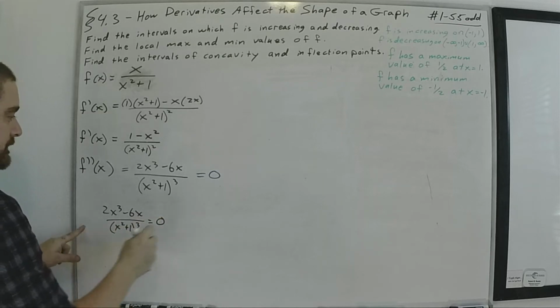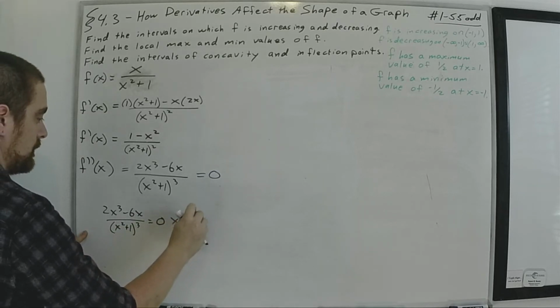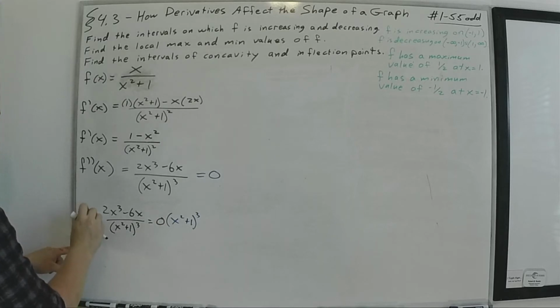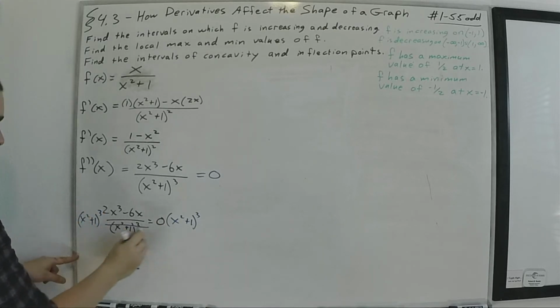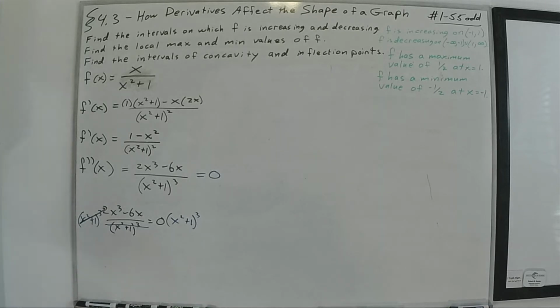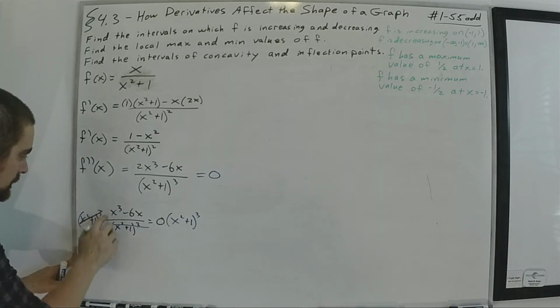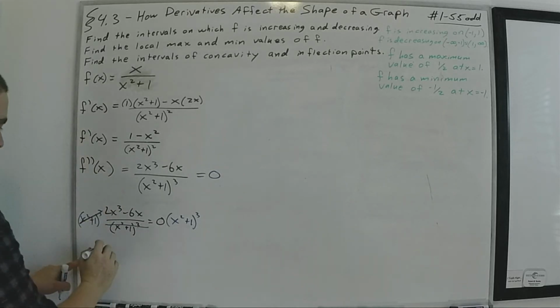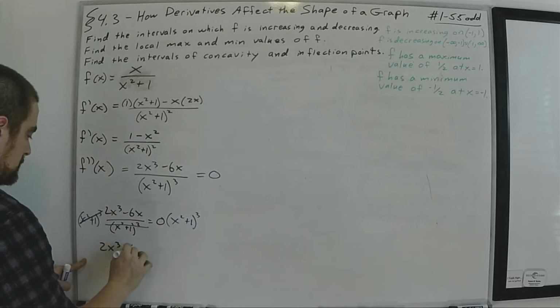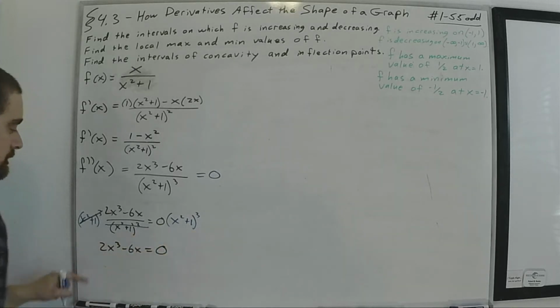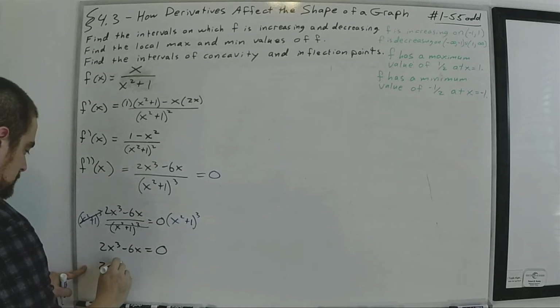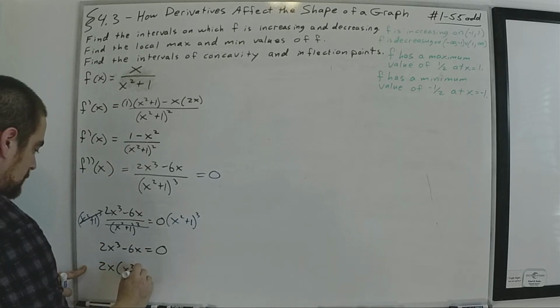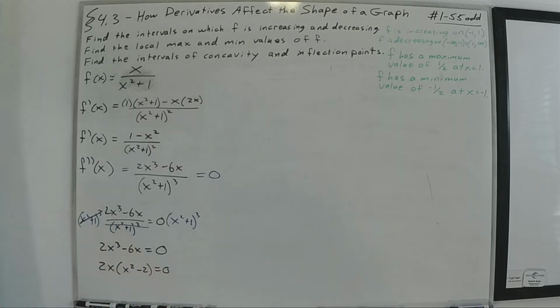We can multiply both sides by x squared plus 1 quantity cubed and get that to totally cancel. Not that 2 though, that 2 is sticking around. Which means the left-hand side is just 2x cubed minus 6x. Right-hand side is 0. 0 times anything is 0. Factor out 2x, and we'll get x squared minus 3.